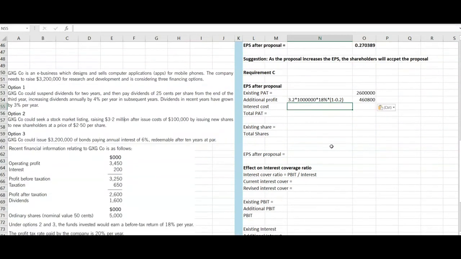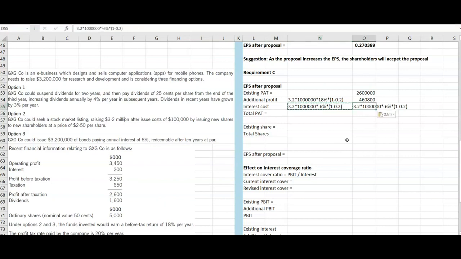So interest cost we'll do it. Interest cost would be 3.2 million. We'll take the same number, 3.2 million into, we will pay an interest of 6%, and this is the benefit that we get, the tax benefit. So we can work out this number and we'll get an answer. Okay, but this, if you check, it is a cost, so we'll have it as a minus.